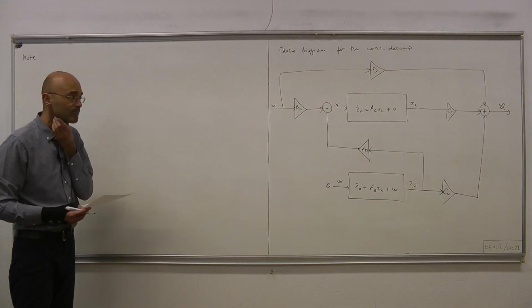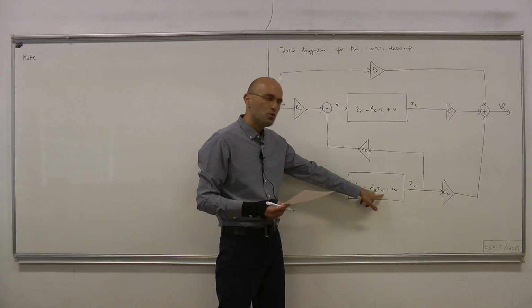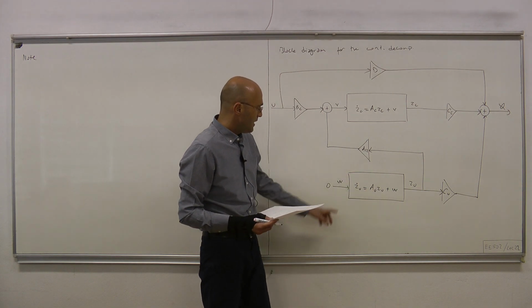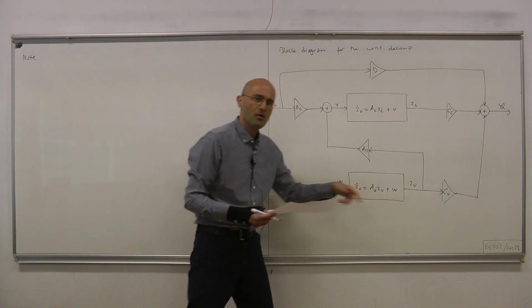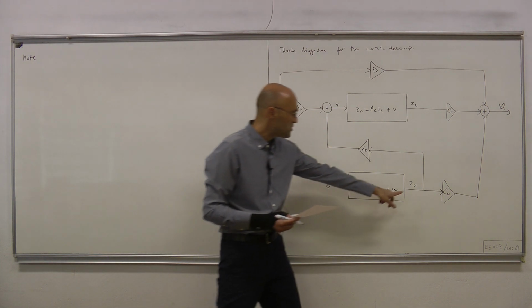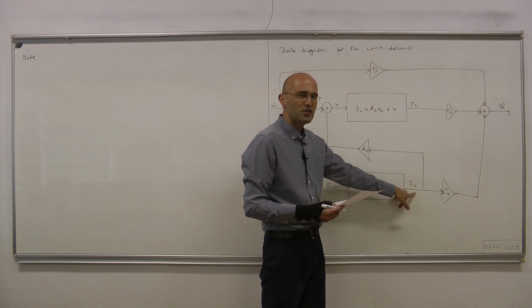Now, if all the initial conditions are 0, that means ZU 0 is 0, at time t equals 0. Now, the input to this block is 0, and the initial condition is 0, therefore it will remain at 0 for all times. So this signal from the transfer function point of view is always 0.